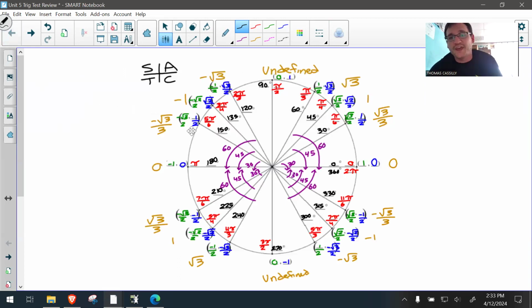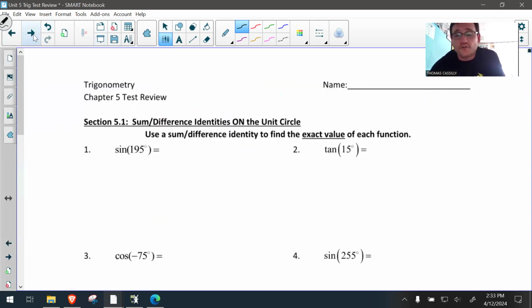You've got the 150s, the 180s, the 30, 60, 90s, 45, all those angles on there. 195 is not one of those angles. So what we need to figure out is let's find two numbers that are equal to 195 when we add them together, and two numbers being numbers on the unit circle.